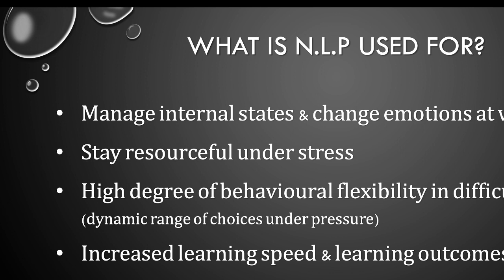What else? If you're able to do all these things, then naturally the next point follows. You have an increased learning speed and better learning outcomes. If you're able to change as the situations change and react according to your own will and not just as a knee-jerk reaction, then you are a much better learner and you're able to have good outcomes from your learning.